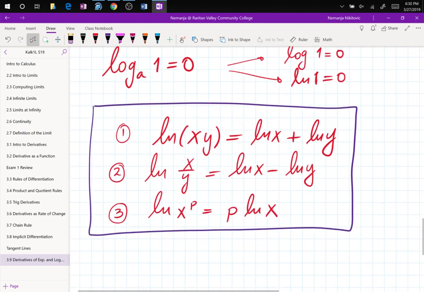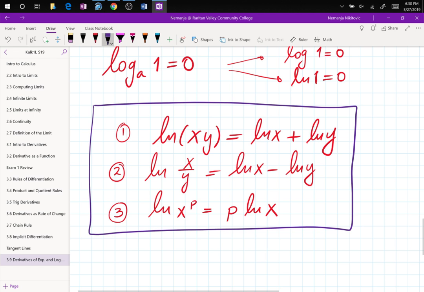Now, in pre-calculus, you used these formulas from right to left. Because in pre-calculus, you wanted to solve equations, and the only way to solve the equation is to use the conversion. Conversion only works when you have a single log. So when you had a whole bunch of logs floating around, you compress them into a single log, you convert into exponential, and then you solve the equation, right?